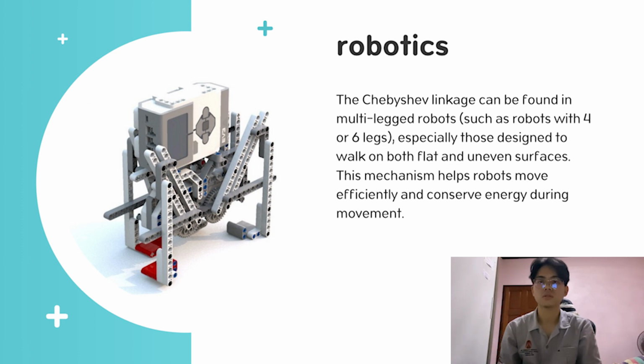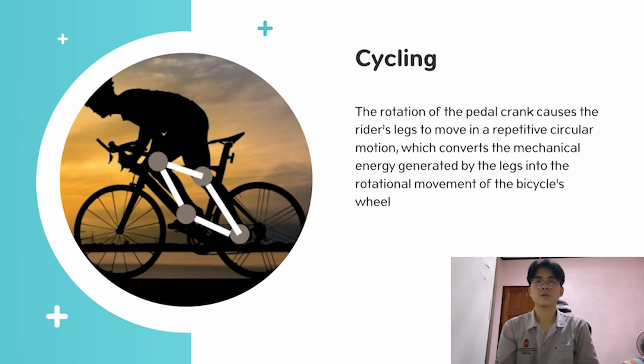In the Chebyshev linkage, the rotation of the motor or driving point, link 2, is transformed into nearly straight-line motion at the end point of link 4, similar to how a robot leg moves in cycling.